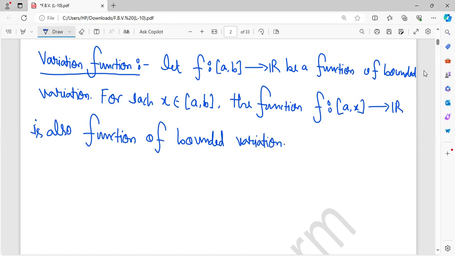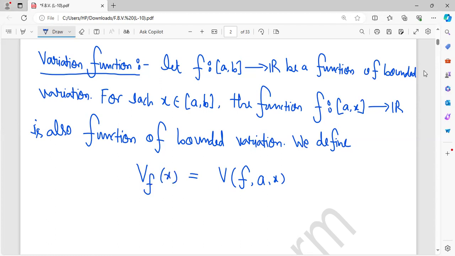Okay, we define, because if the function is of bounded variation, this value, the total variation of f over the closed interval [a, x], will be a finite value. So we define V_f at x equal to this.